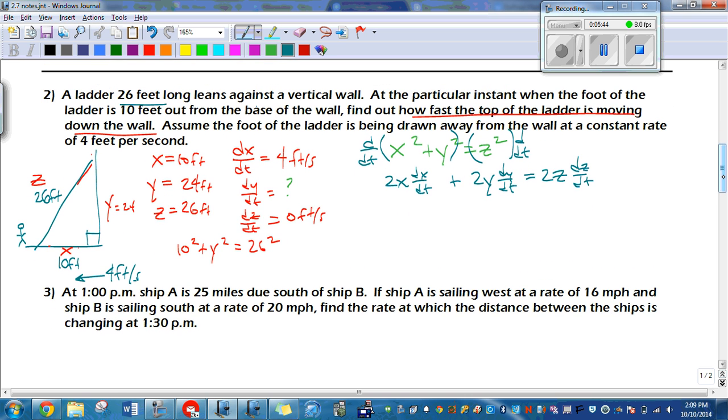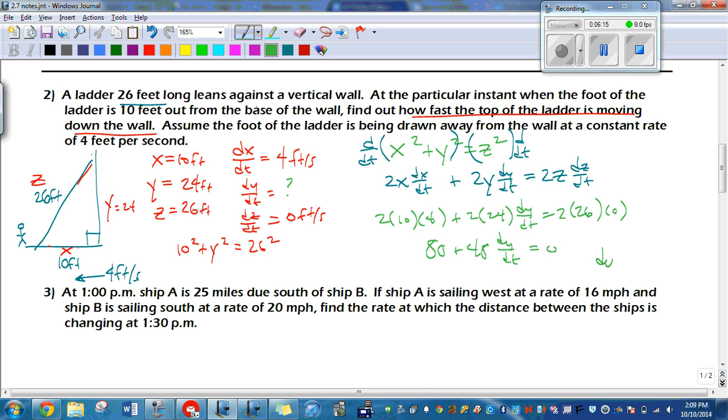So we're going to take these values that we've written down and gotten from the problem and substitute them in here. So we have 2 times 10 times 4 plus 2 times 24 times dy dt equals 2 times 26 times 0. So over here we have 80 plus 48 dy dt equals 0.